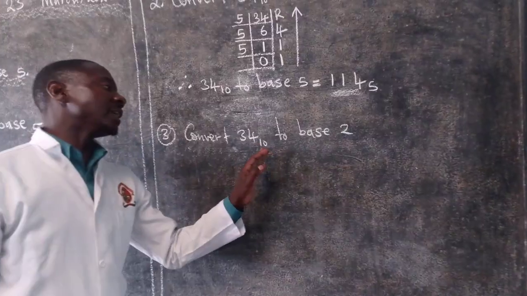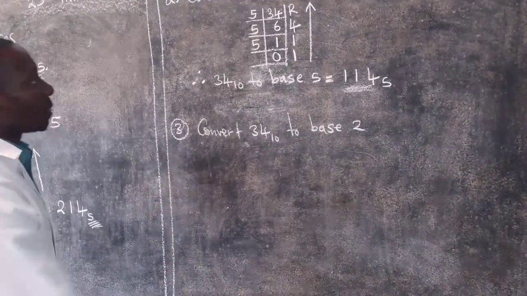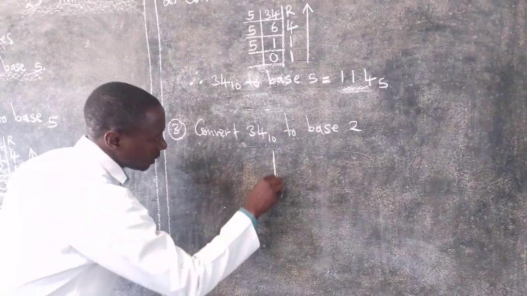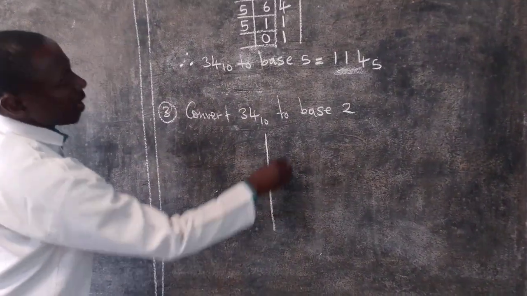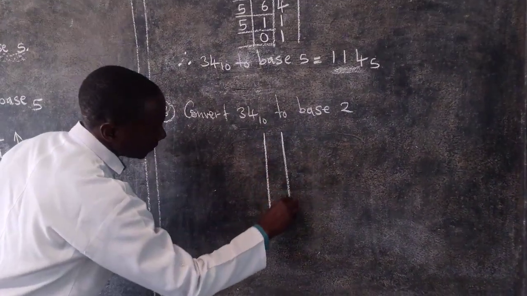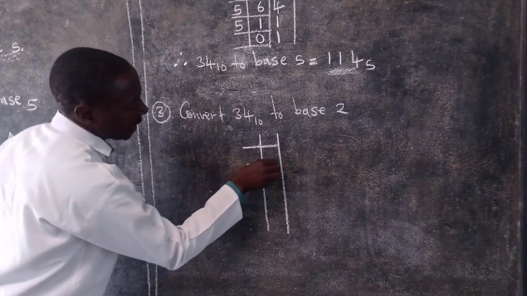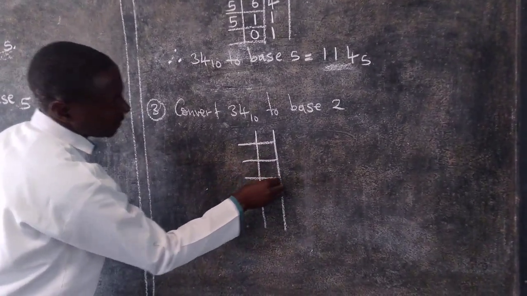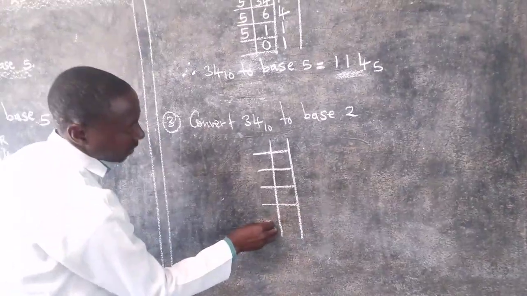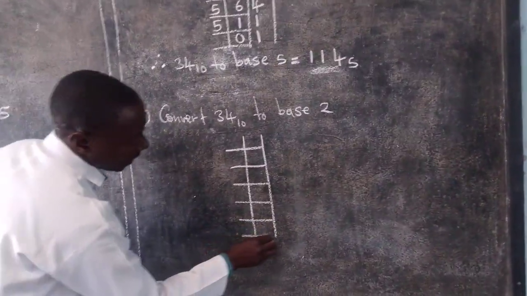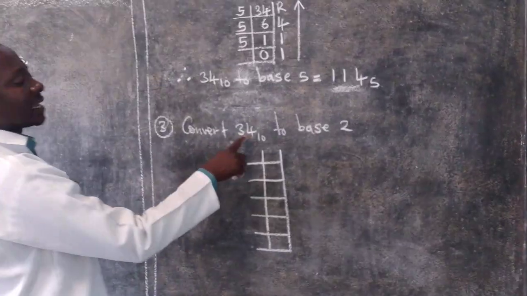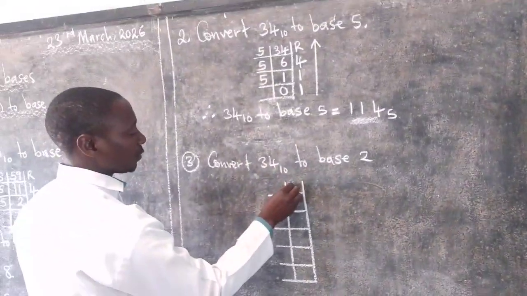Convert 34 in base 10 to a base 2 number. Draw a line, another line, another one, and another one. Which one is the big number between the 2 and 34? 34.